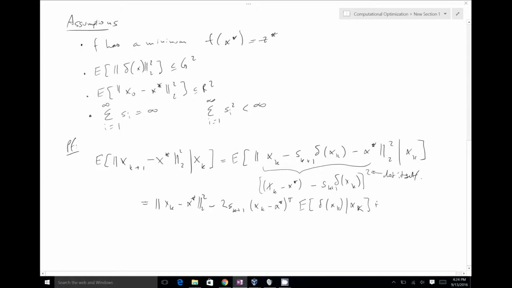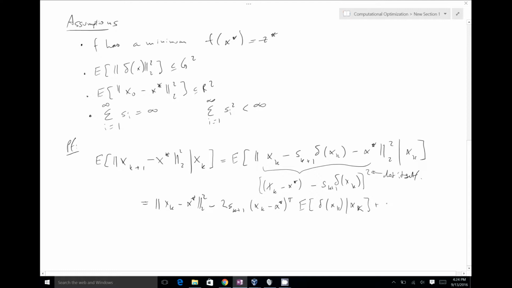And what about the last term? The last term is going to be just this guy squared, right? So what's constant there given xk? s_{k+1} squared is constant, right? And this guy is still a random variable.